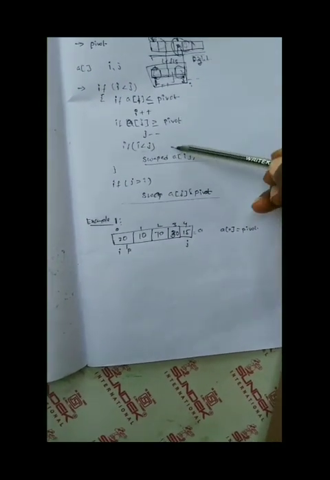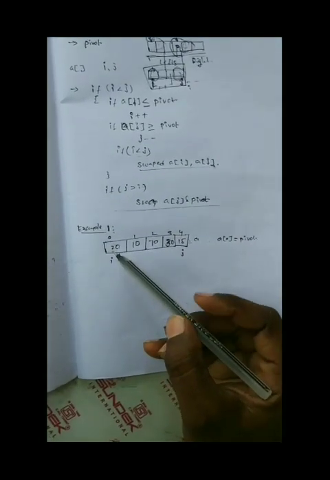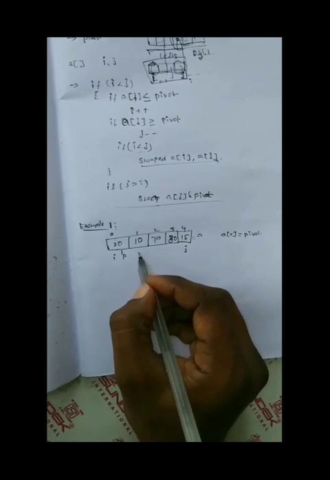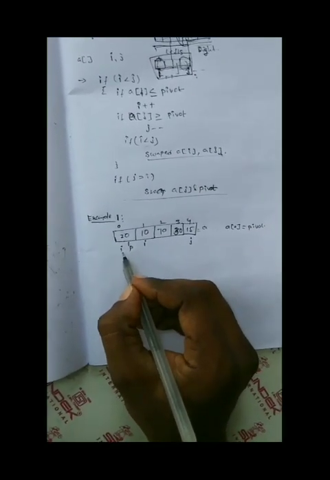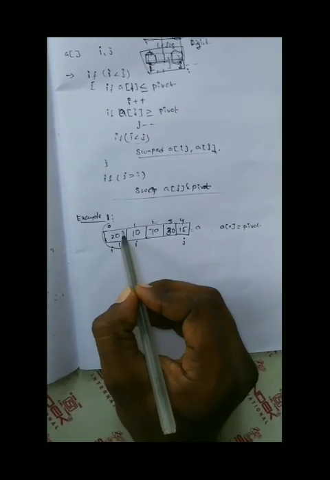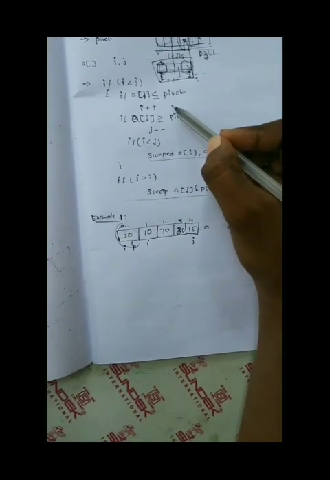So if you want to check these conditions and we take the initial value as pivot, we start the I value from here. So we can remove these in the iteration, so we can reduce that one.